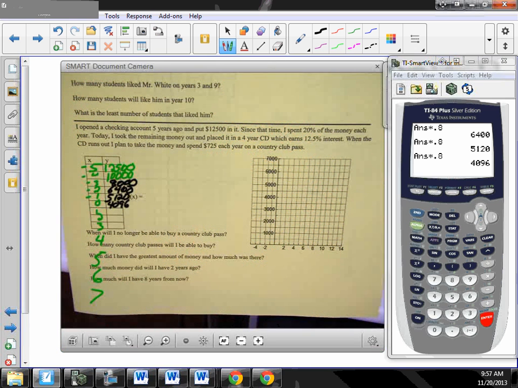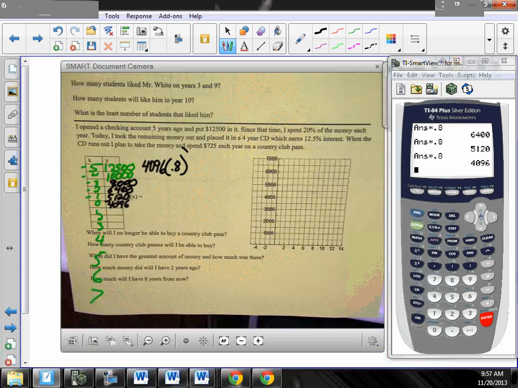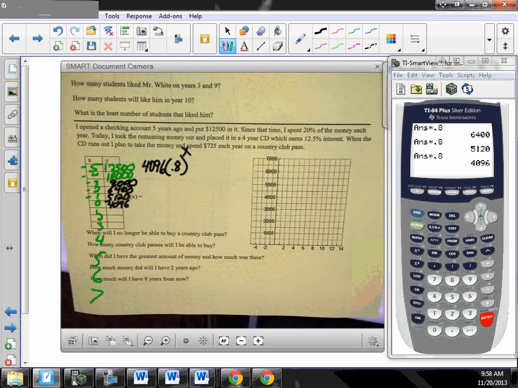I do. It's 4096. So this equation is 4096 times 0.8 to the x. If you don't understand how to do that, just plug 2 points into your stat and then find the exponential regression, and it will give you that equation. What are the points, the x values, for which this function is valid?